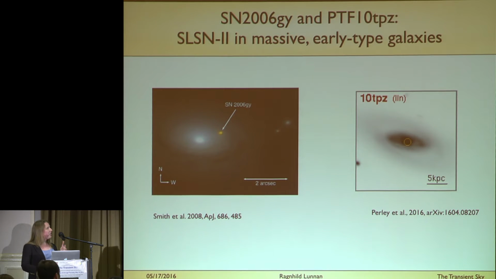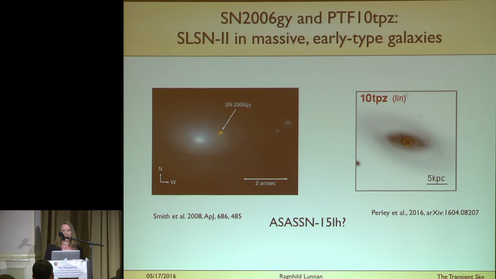But it is generally very different from the bulk of galaxies that you find superluminous supernovae in. And there is now a second example of a host environment like this from PTF as well, this 10tbz. So whether this is a different progenitor channel, we could speculate. They're certainly set apart from the entire bulk of other superluminous supernova host galaxies.